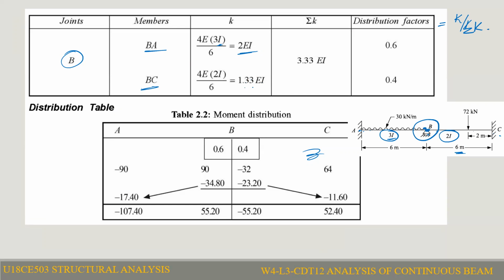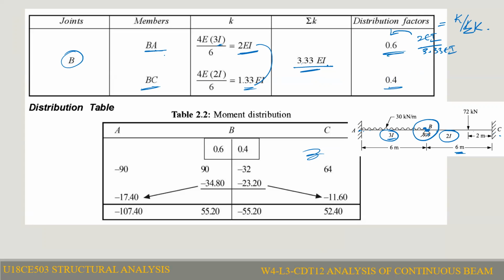Now you have to calculate the joint stiffness by adding the member stiffness of BA and BC. You get the joint stiffness 3.33. So the distribution factor for BA will be equal to stiffness of BA divided by joint stiffness. Stiffness of BA is 2EI by 3.33 EI, so the distribution factor for the BA member is 0.6.